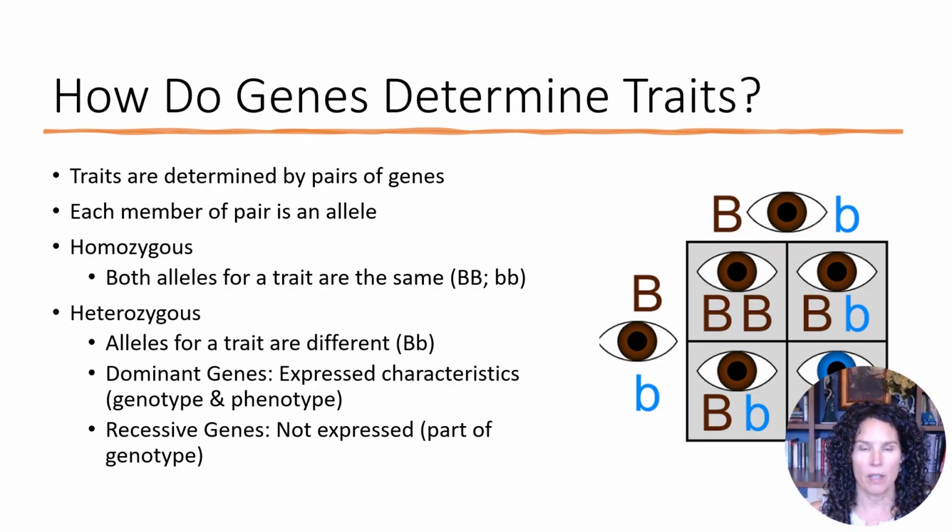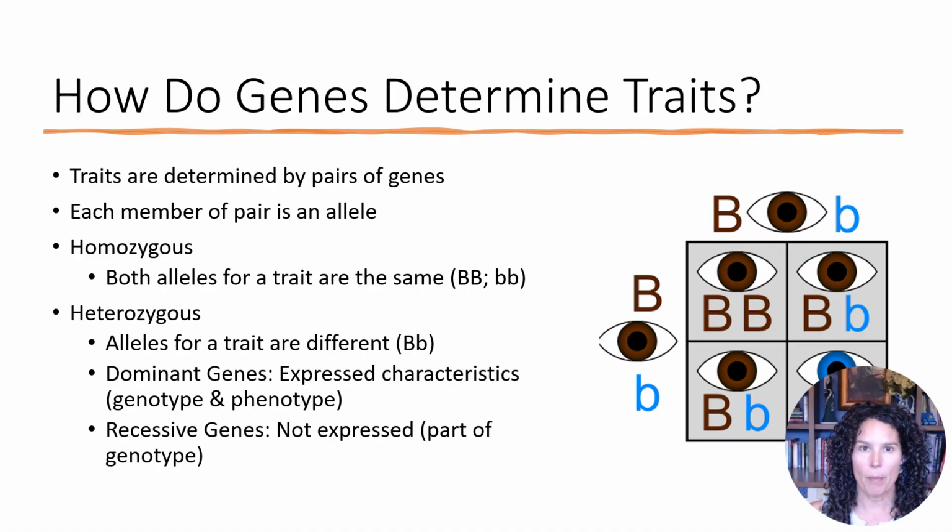All right, so I bet this is familiar to you, but obviously our traits are determined by pairs of genes, one allele from our biological mother, one allele from our biological father. And as you may remember, you can be homozygous, where both alleles for a trait are the same, like two big B's or two little b's, or you can be heterozygous, where the alleles for a trait are different. And then, as you've learned, for many genes, some are more dominant and some are more recessive.